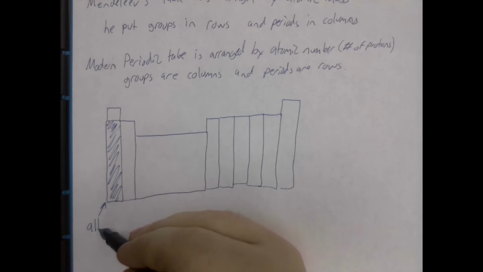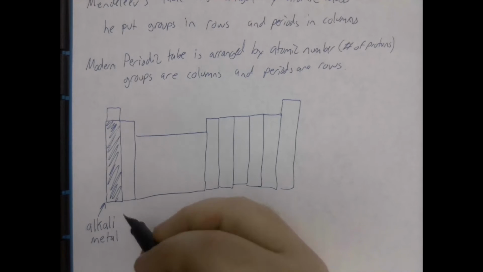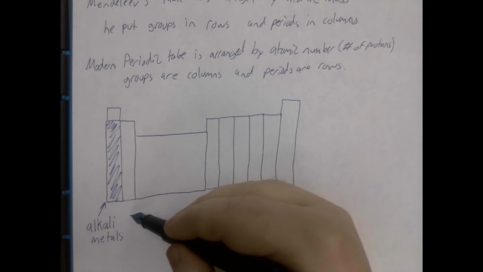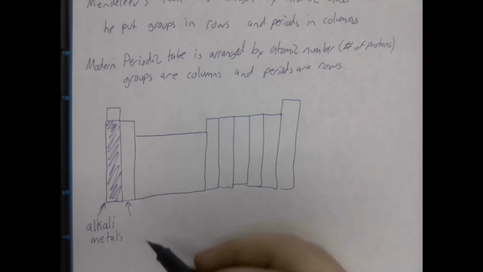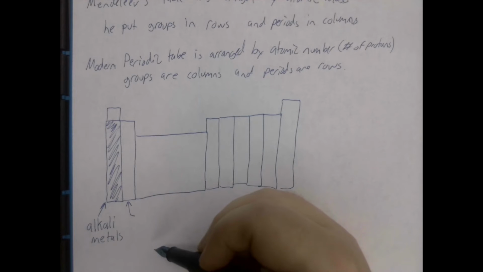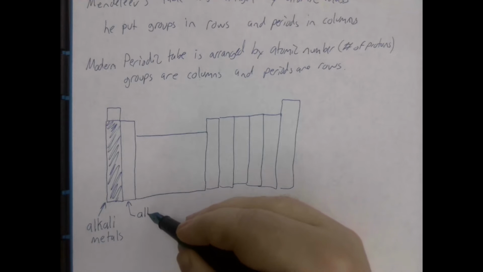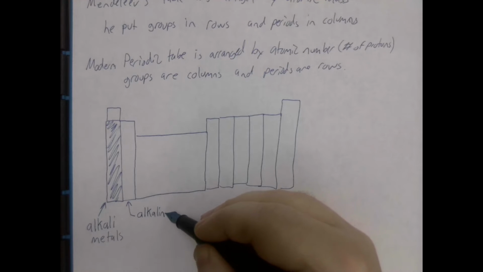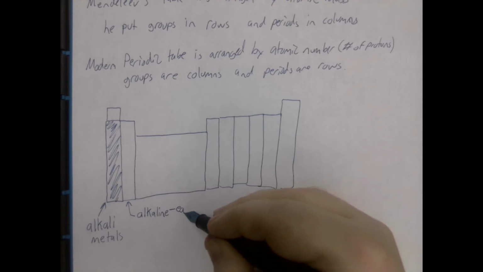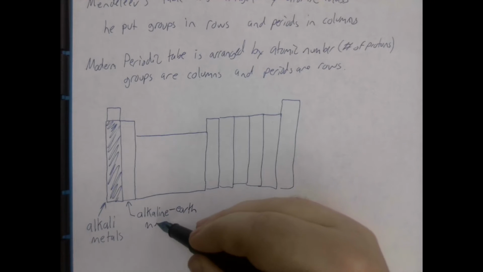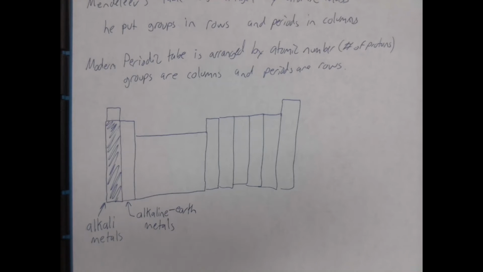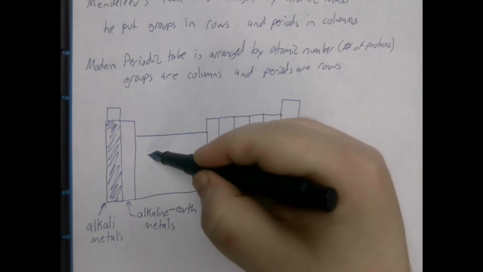So this is the alkali metals. And what is this one called? The alkaline earth metals. And what about this whole block?